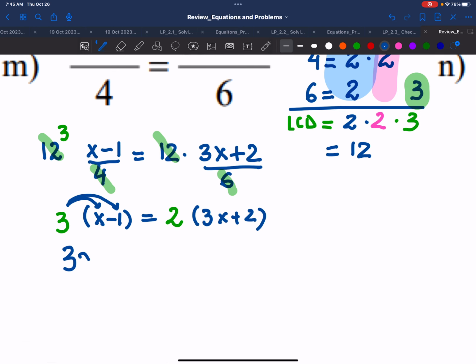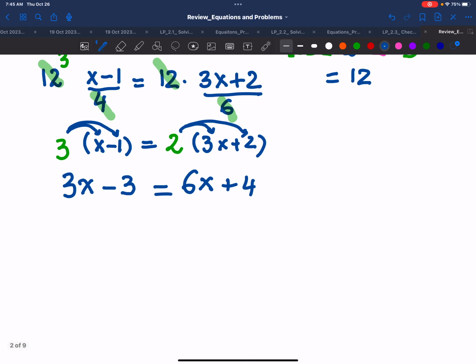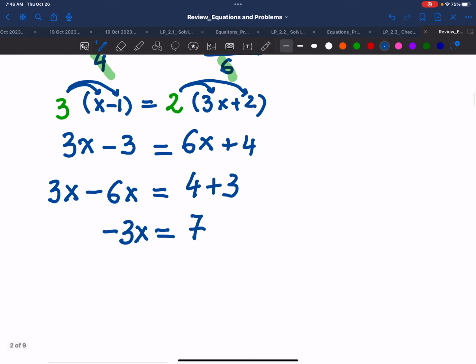So 3 times x is 3x, and 3 times negative 1 is negative 3. 2 times 3x, 6x. 2 times 2, 4. 3x minus 3 equals 6x plus 4. So we can't simplify more on each side, so we're going to bring the variable terms to the left side and the numbers to the right side. So we have negative 3x on the left, 7 on the right.